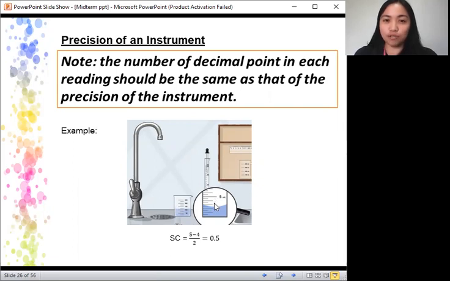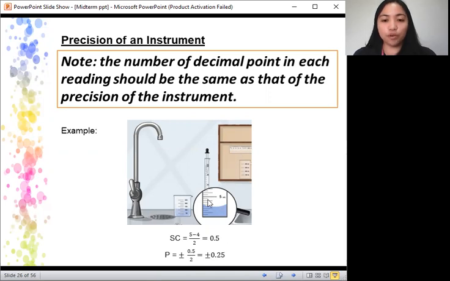So, if you choose 5 or 4, the next is how many divisions there are between them. That is 1, 2. So, divided by 2, you'll get 0.5. So, that is the smallest calibration. So, the precision of this graduated cylinder is, you divide your smallest calibration by 2, and you'll get 0.25.